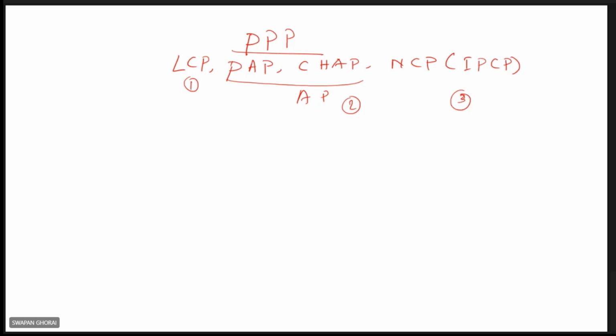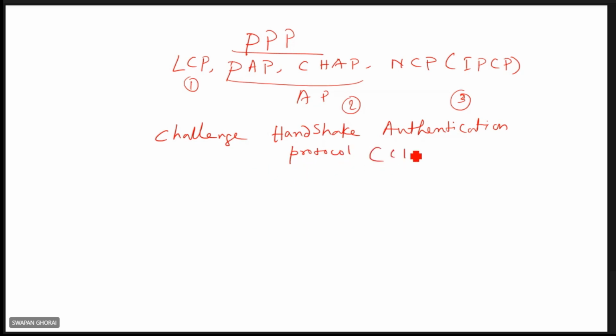Another authentication protocol is CHAP, the challenge handshake authentication protocol. Here it is a three-way process, a three-way protocol, and it provides greater security than PAP.